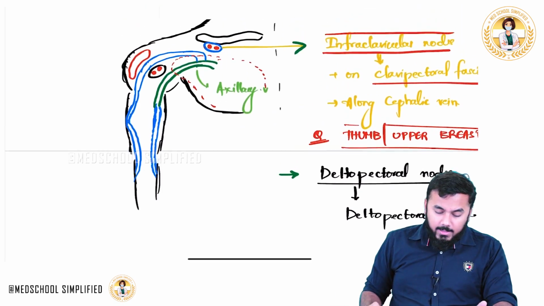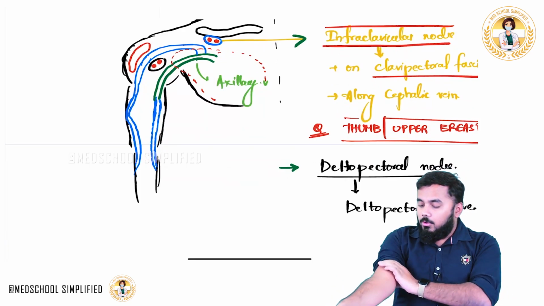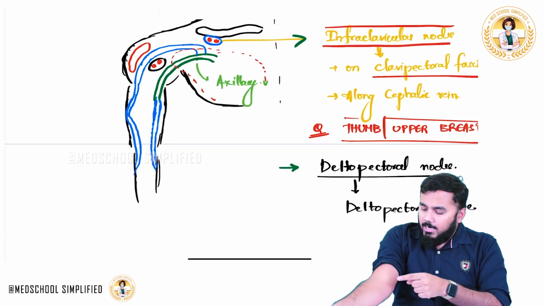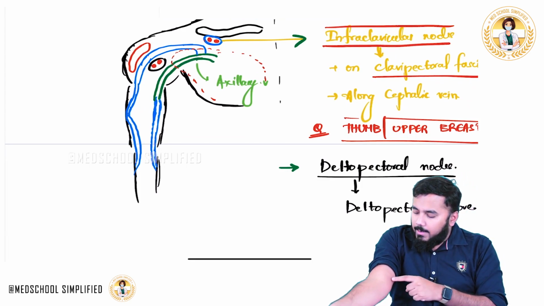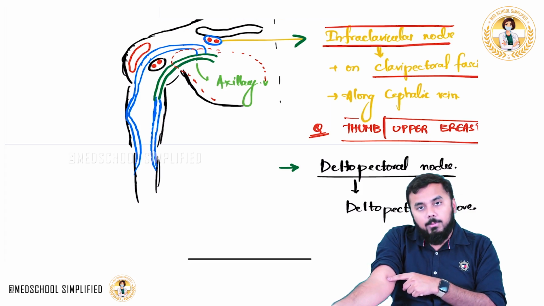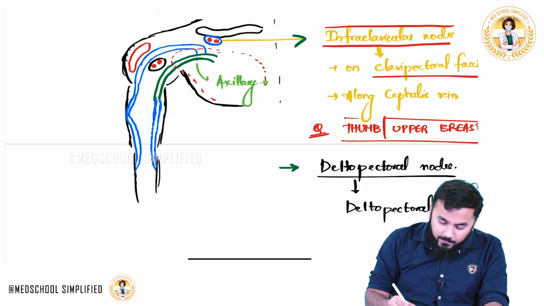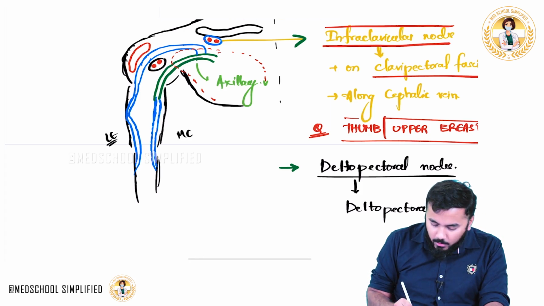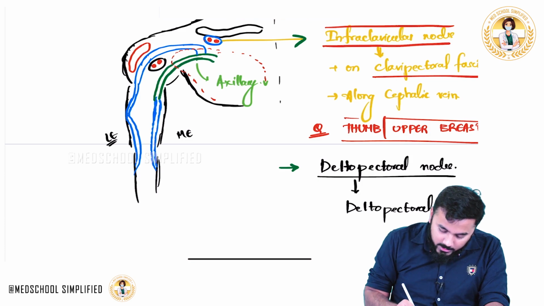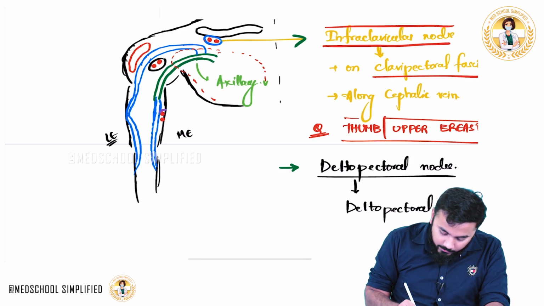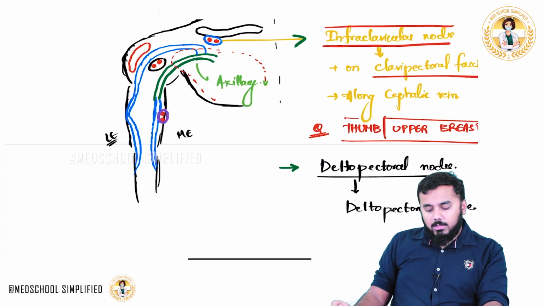Next important thing is that in the arm here we have the medial epicondyle and the lateral epicondyle. Just 5 centimeters above the medial epicondyle, we also have a group of lymph nodes. Exactly here we have lymph nodes like this, and they are along which vein, guys?